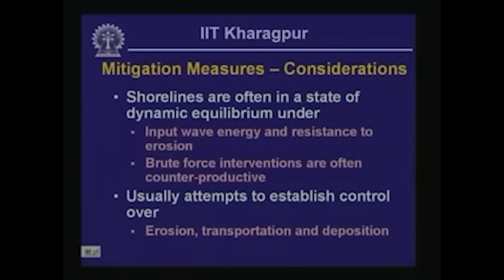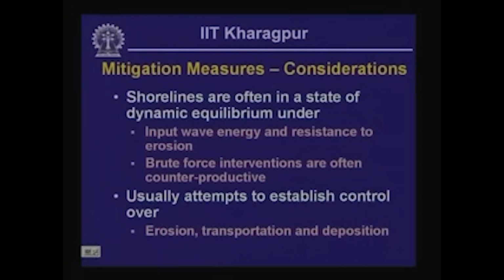That means if you disturb the balance between input energy and the resistance to erosion by too much, then the effect may be detrimental, although the detrimental effect will not be visible at the location where the intervention is being completed, but the bad effects are going to be felt probably elsewhere in that area.